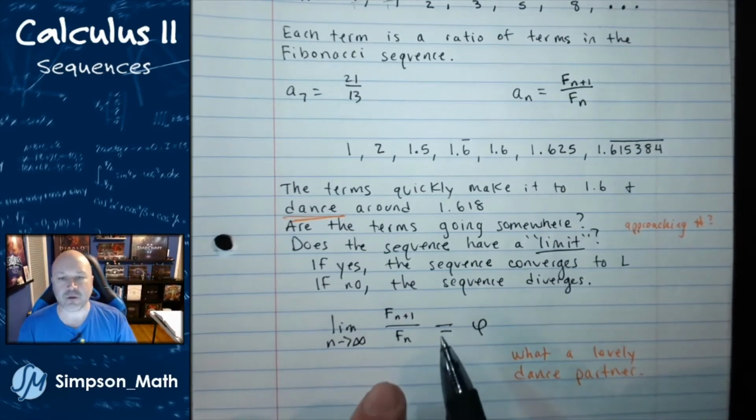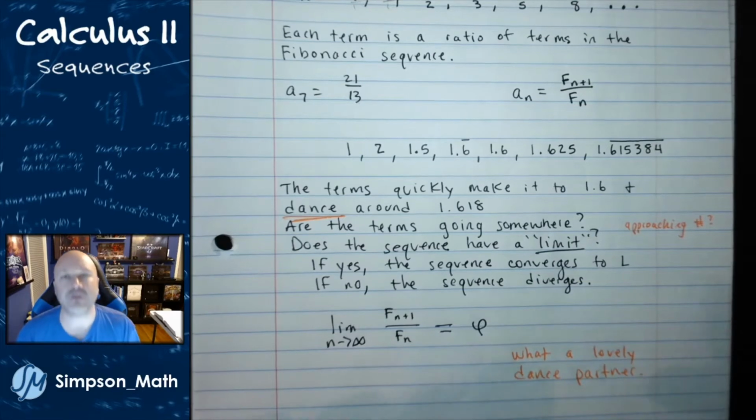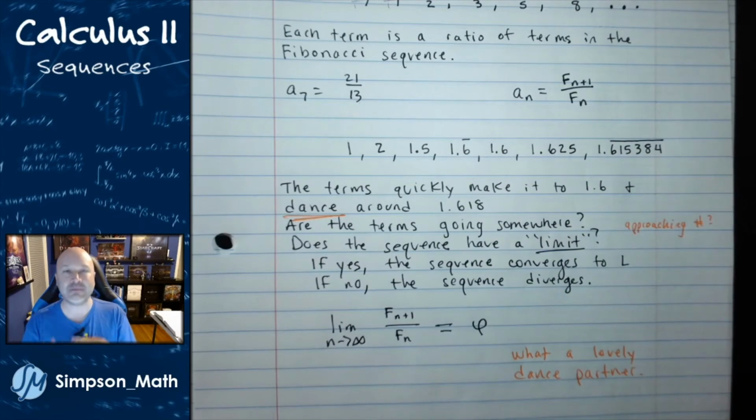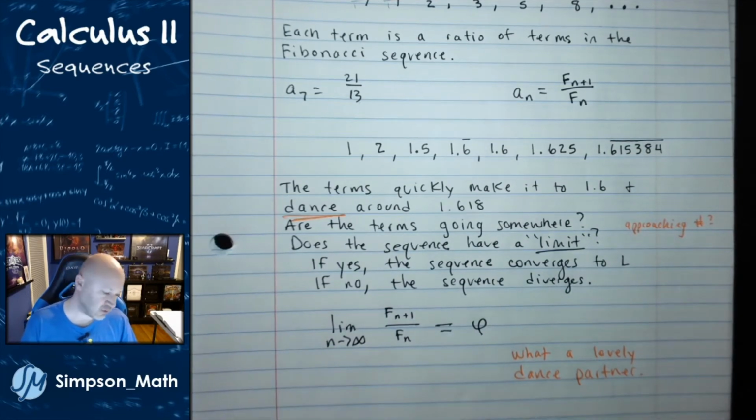All right. So these sequences are kind of cool. And if they approach a number, then we can start talking about limits of the sequences and what they actually approach, or if the sequence diverges.